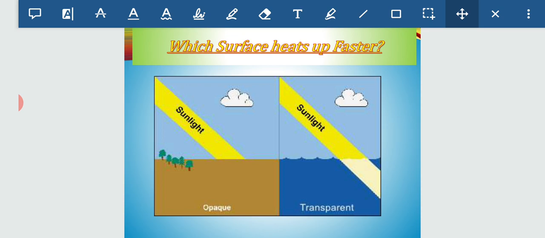But if you put a bucket of water outside in the sun, what will be the result? The moment you keep it there, the temperature of the entire water is the same. That means it is not warm, it is cool.